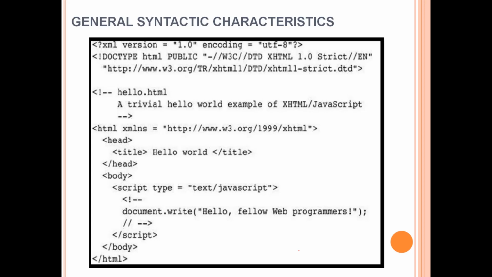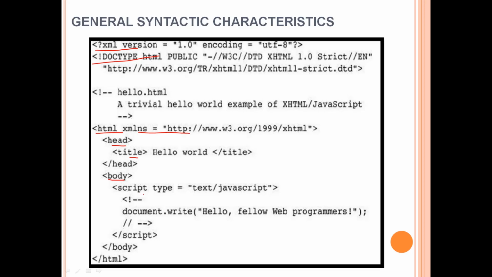Now this is an example program in JavaScript. As you can see, this is an XHTML document. XHTML document structure we have already studied. As per that, it starts with the XML declaration, doctype, then we have an html element with the xmlns attribute, then we have head, title, then inside the body we have added the JavaScript code.